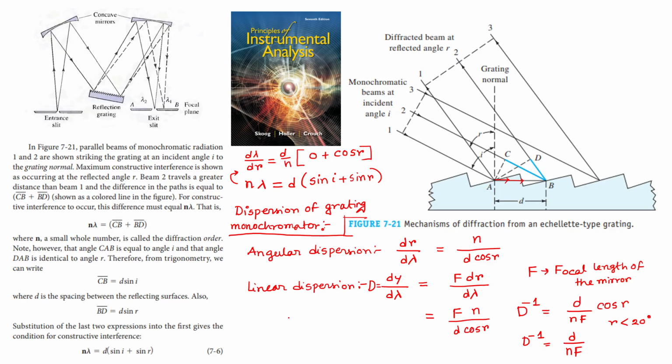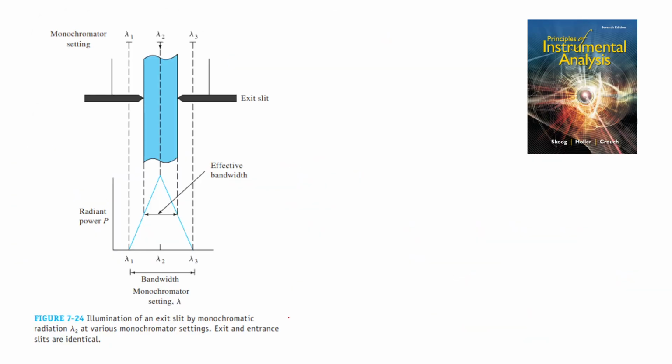It will depend on the slits as well as the number of gratings. The linear dispersion and angular dispersion, all these factors are responsible for the resolution, what wavelengths we are going to get. Suppose this is your exit slit, and we are currently focusing the monochromator mirror on lambda 2.